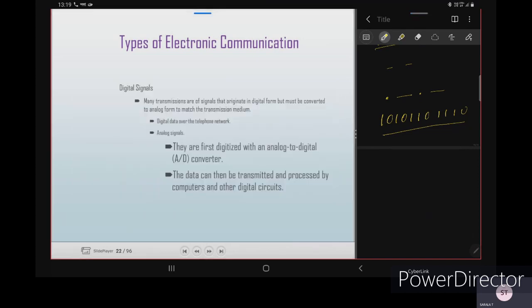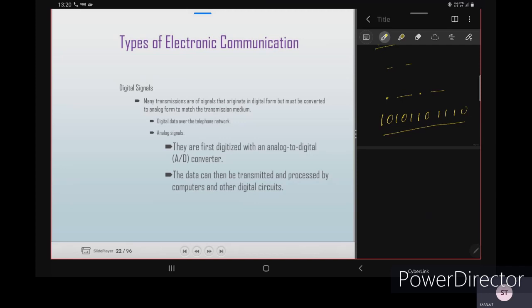Many transmissions are of signals that originate in digital form, but must be converted to analog form to match the transmission medium. Digital data over the telephone network and analog signals are first digitized with an analog-to-digital converter. The data can then be transmitted and processed by the computer and other digital circuits. Whenever we want to transmit data in digital format, that is zeros and ones, the analog signals will be generated first.